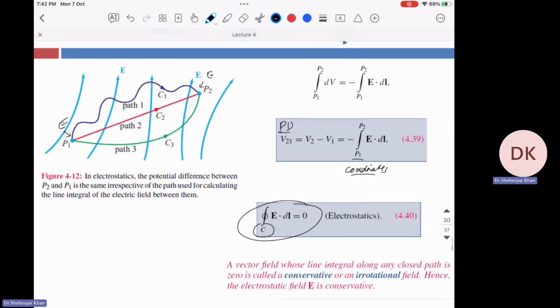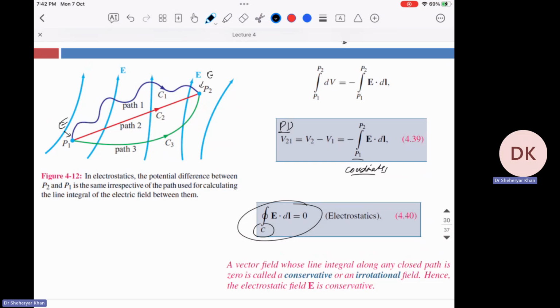So if you choose a closed path and come again to the same point, irrespective of the path, then you have minus 5. So 5 minus 5 is 0. If you have an electric field and you move away, you will get a lower voltage.